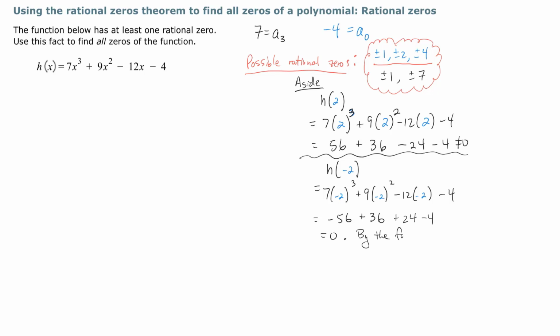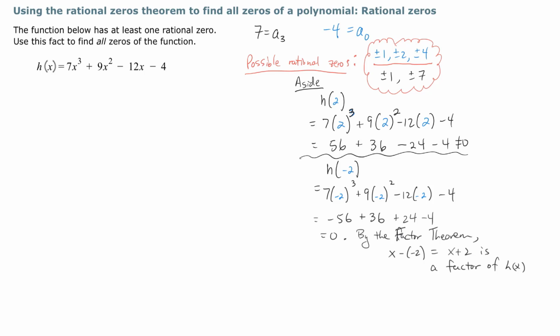Now by the factor theorem, we know that x minus a negative 2, which equals x plus 2, is a factor of h of x. All right, we're in business.